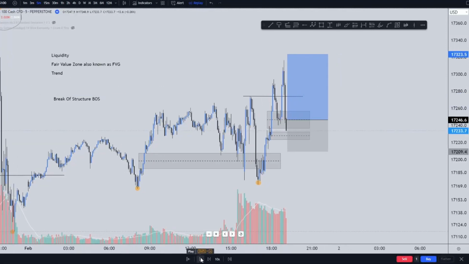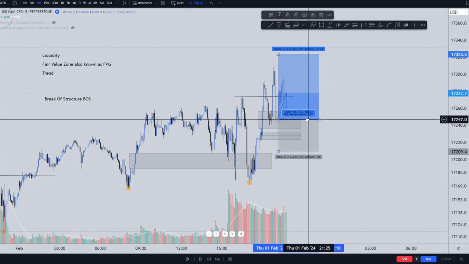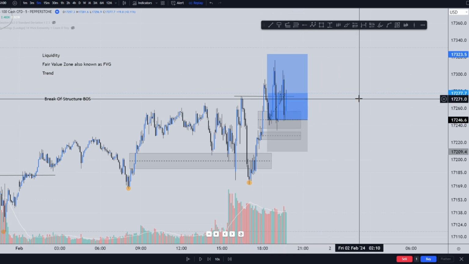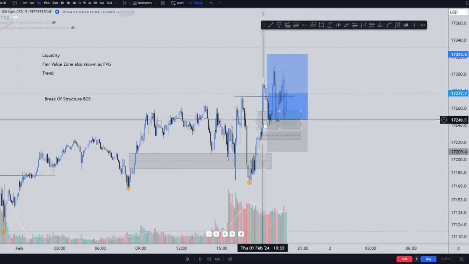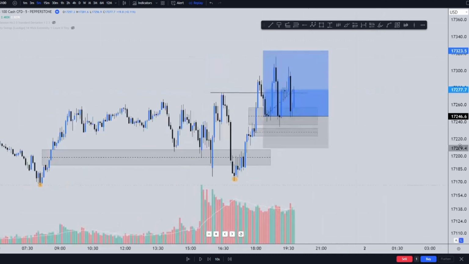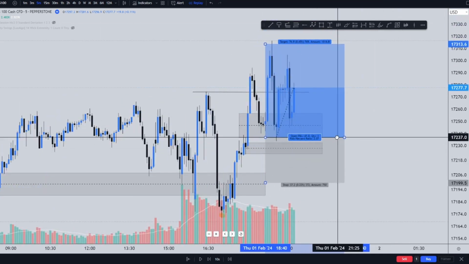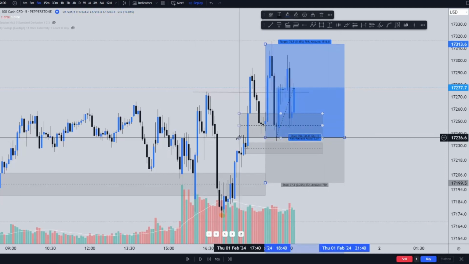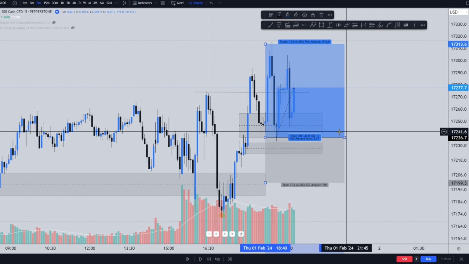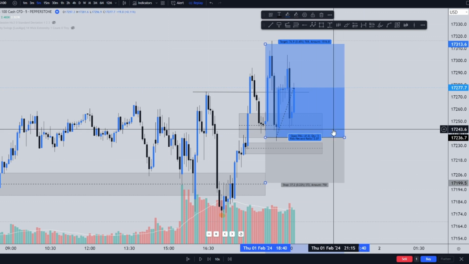So now it's too fast, the chart. So now we got triggered exactly at our fair value rebalancing price. So I usually tend to take the close of that imbalance because it always gives you a better entry.